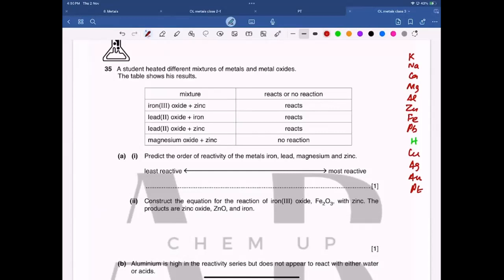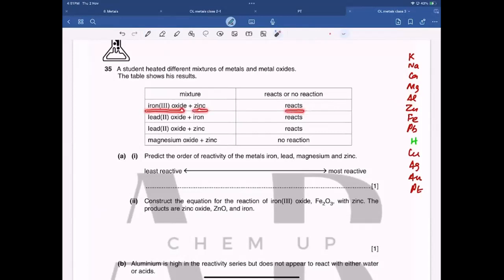A student heated different mixtures of a metal and metal oxides. The table shows this. And what we have discussed, the one which is above can displace the one which is below from its compound, right? So here see the compound. In the compound, which metal is there? Iron and zinc as a metal.